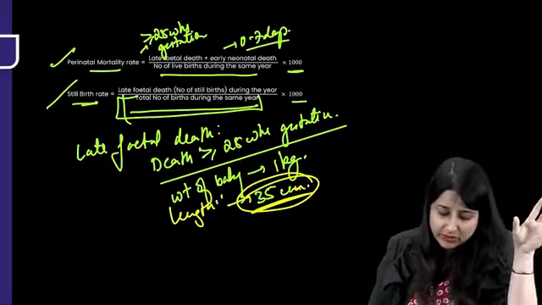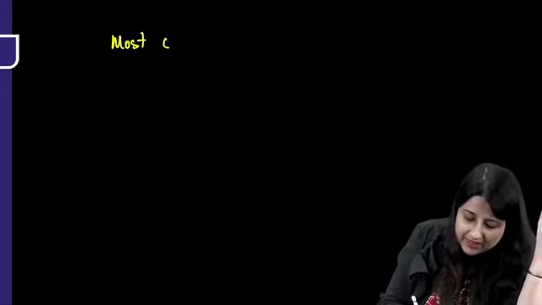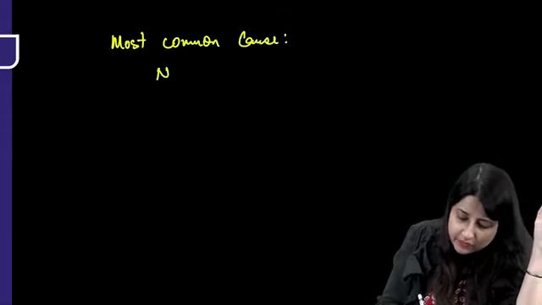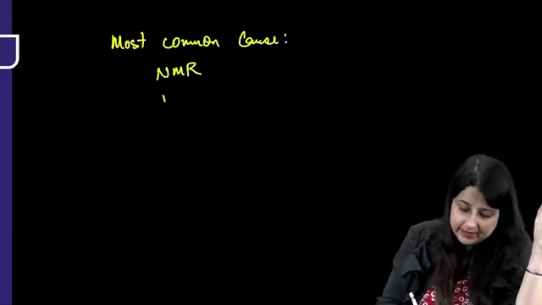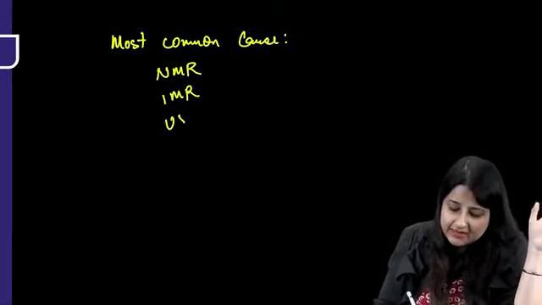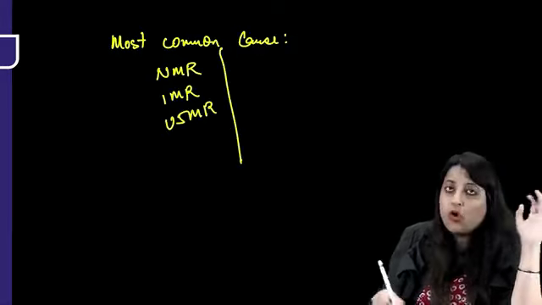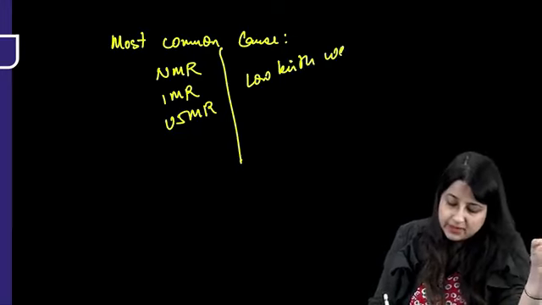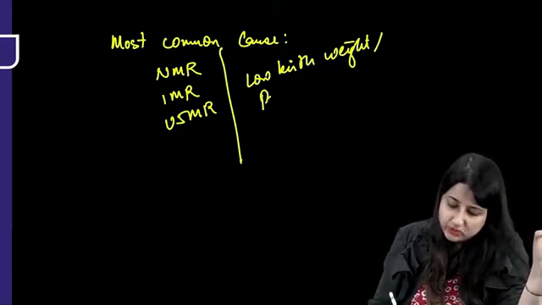All right, then what do you have over here? Most common cause. Okay, now remember one thing. If I ask you what is the most common cause of neonatal mortality rate, infant mortality rate, under 5 mortality rate, for all it is low birth weight or prematurity.